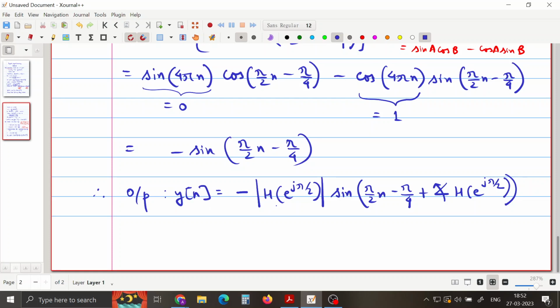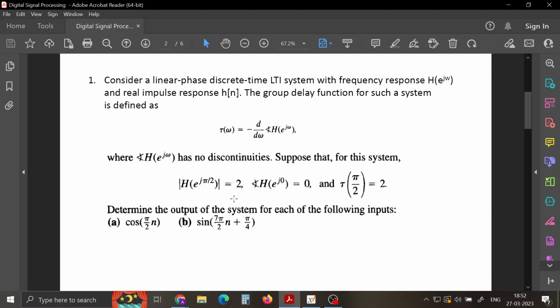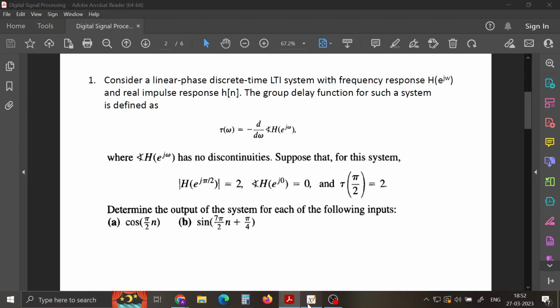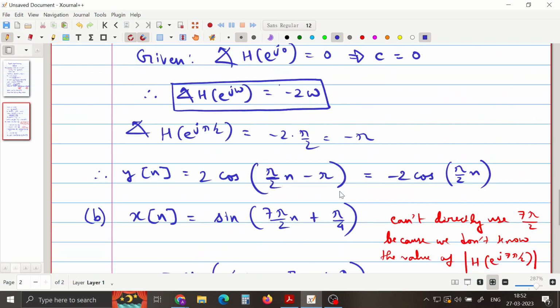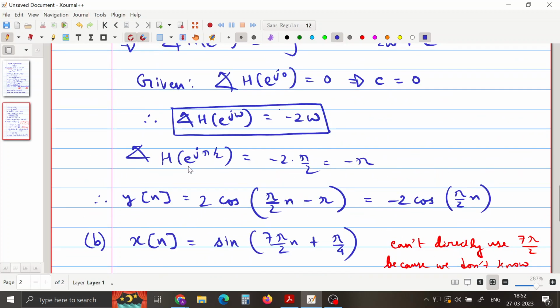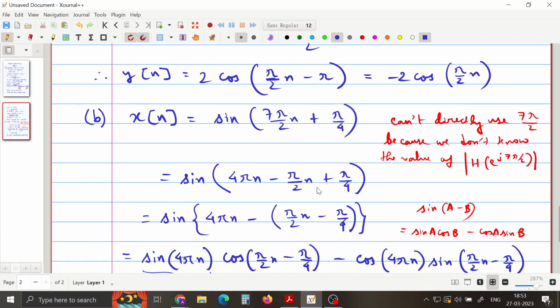So now you know this magnitude at pi by 2, which was 2, I think. Yes. So this magnitude was 2. So we will put 2 here. And the phase at pi by 2 we already calculated for the previous question. Since it is minus 2 omega, so minus 2 times pi by 2, it is minus pi.